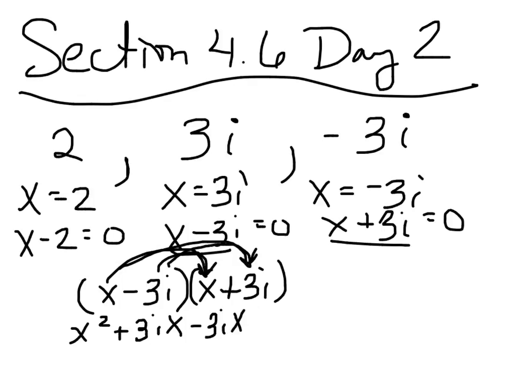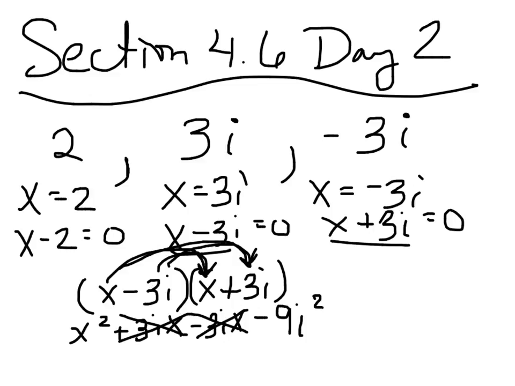And what is negative 3i times positive 3i? Negative 9i squared. Now this part cancels each other out: negative 3ix and positive 3ix cancel each other out. But does anybody remember what i squared was equal to? It was negative 1. Right. i squared is equal to negative 1.